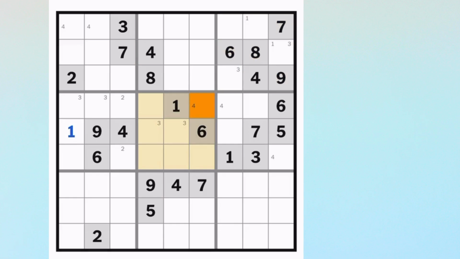Then these are the 2 cells where 4 can appear in this block. Then we go to number 5. Then we go to number 6, since we didn't find anything there.